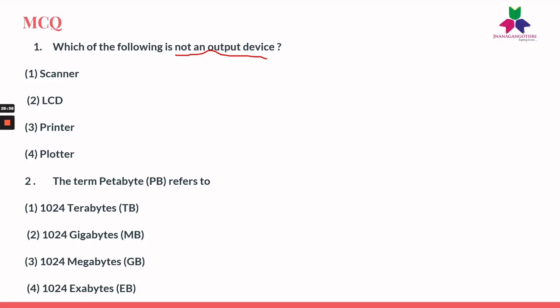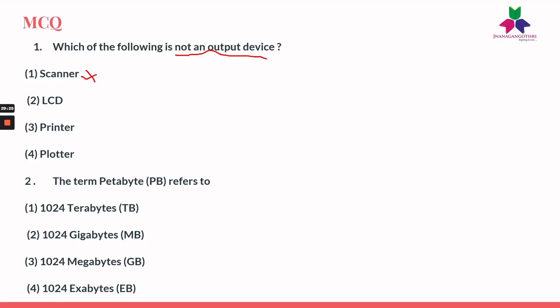Is a scanner an output device? If you remember the previous slide, with a scanner the user gives an input, it scans it and converts the data into a soft copy, or a copy that is understandable by the computer. Hence, it is not an output device, but an input device.